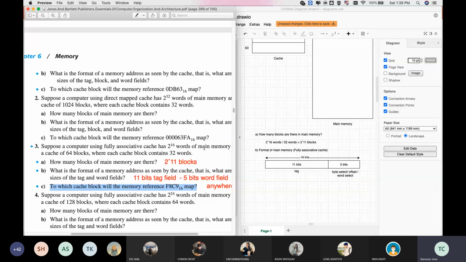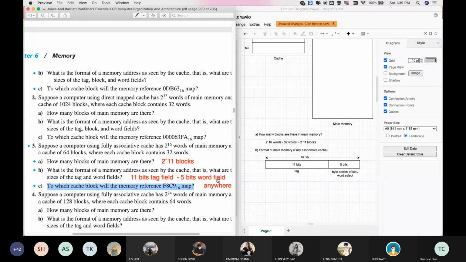When we talk about fully associative, you don't require an exact location. The block can be anywhere. Your data can be in any block of the cache. That's why the answer here is anywhere. If they ask which cache block, the answer is anywhere.